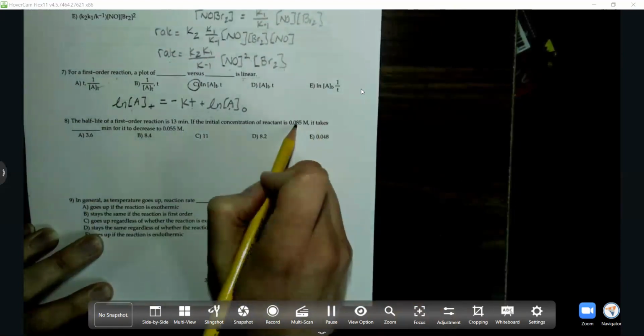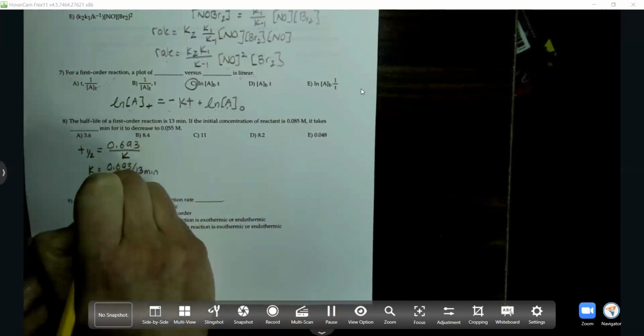Because this concentration is not exactly half, we need to use the t1/2 to find k, and then use our first order integrated rate law to find t. t1/2 is equal to 0.693 over k. k is equal to 0.693 divided by 13 minutes. k is equal to 5.33 times 10 to the negative 2, 1 over minutes.